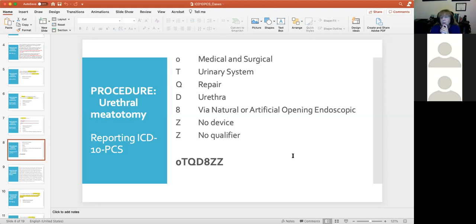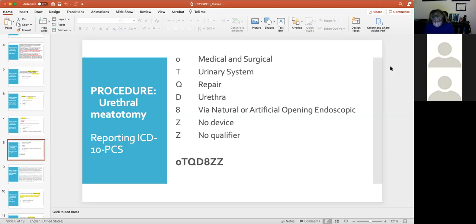But meatotomy is. And when you look it up, it says drainage, urinary system, 0T9. Now, I would know based on the procedure, because reading that, I'm like, that's not a drainage. That's interesting. All right, let me take a look.